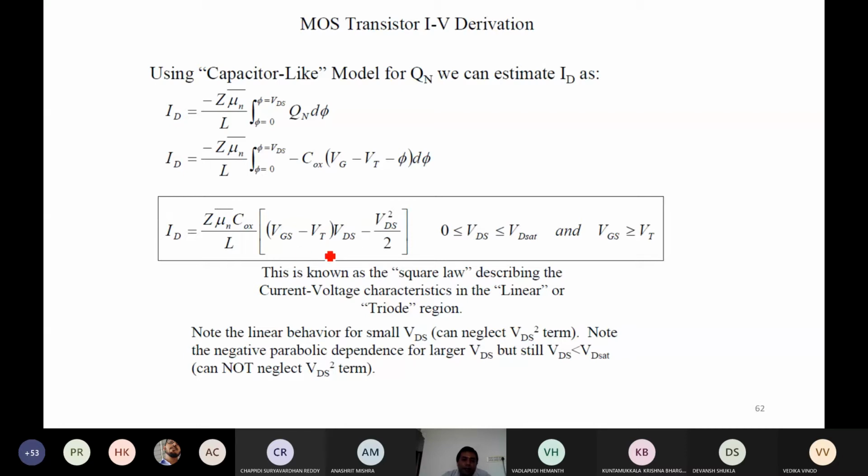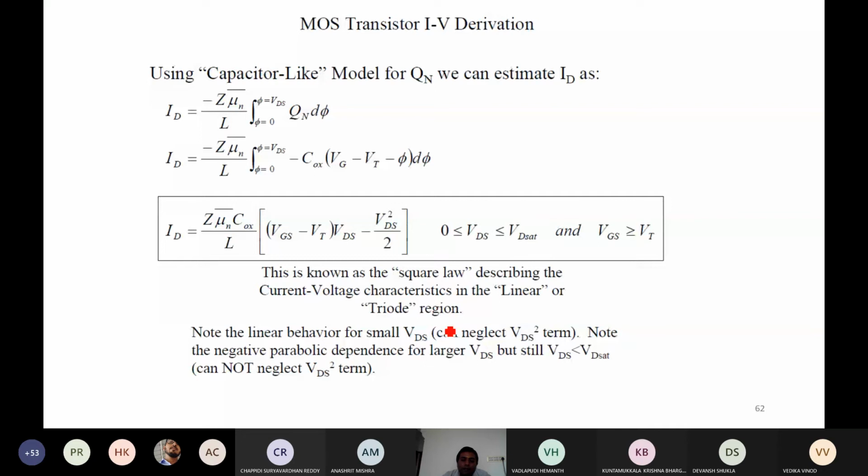The current varies linearly with VDS, and if you further increase VDS, even though it is less than VD sat, it is not exactly varying linearly. If VDS becomes more, then we cannot neglect this term, and therefore some bending starts; it is not able to follow the linear relation. That is called the deep triode region.